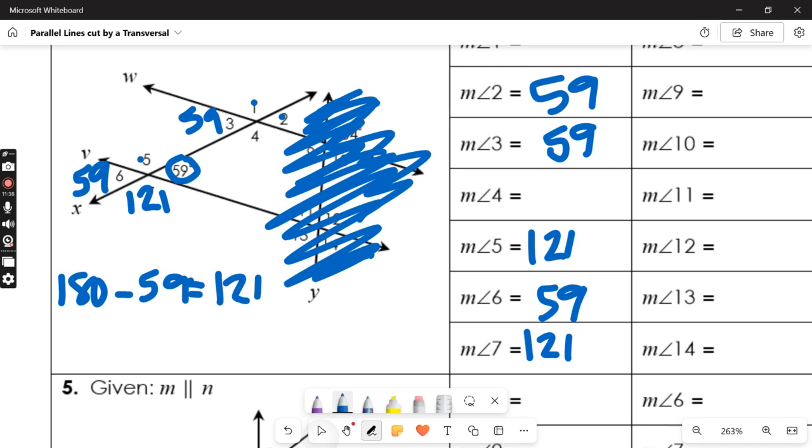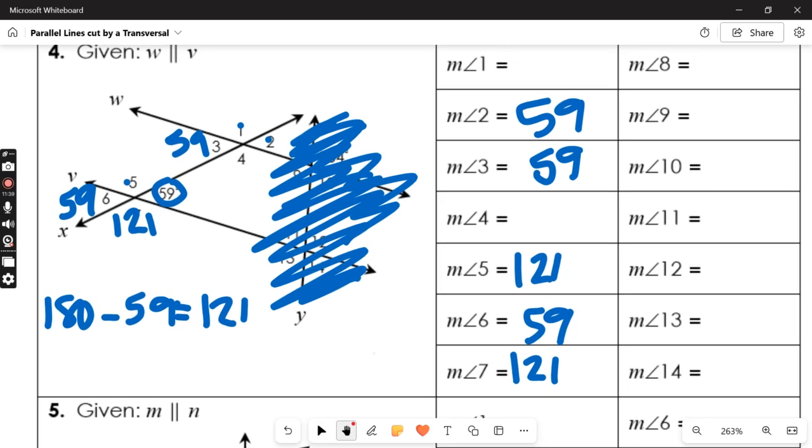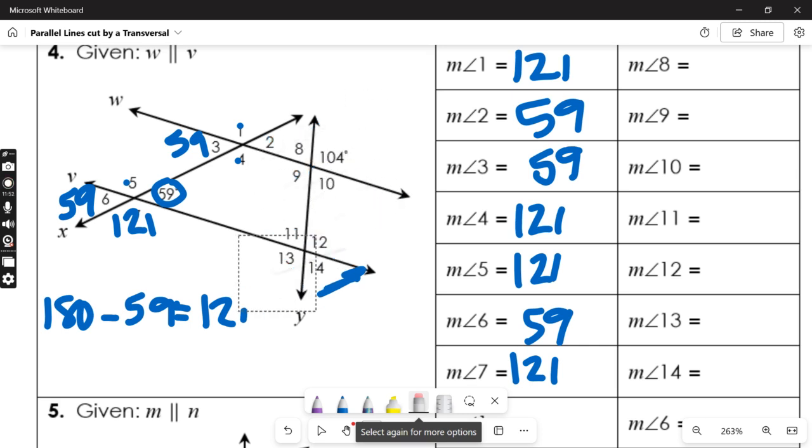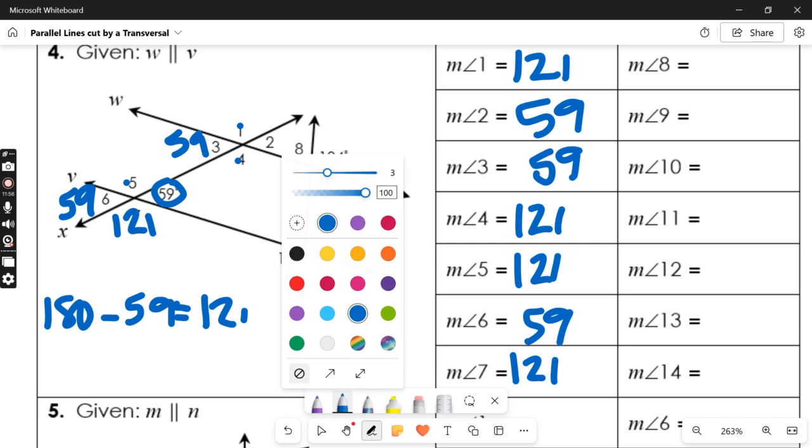Angle 1 is 121. And then angle 4 is 121. And once I've dealt with that whole transversal, then I'm going to look at the other one and ignore the previous one. So I'm going to switch colors here.